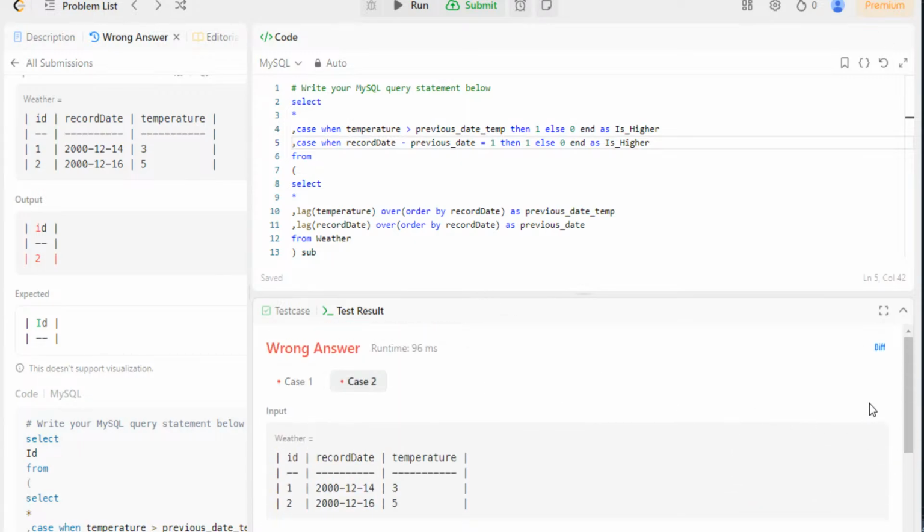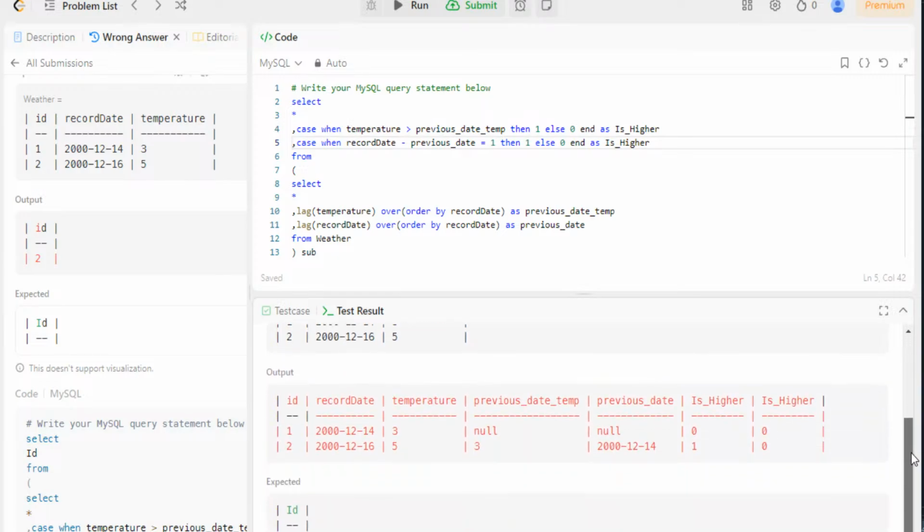And let's try this. Oh, wait a minute. Previous date.